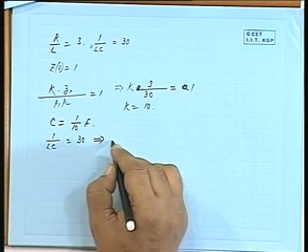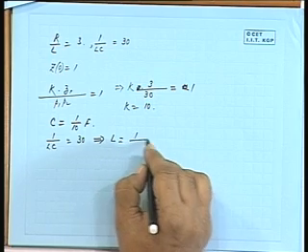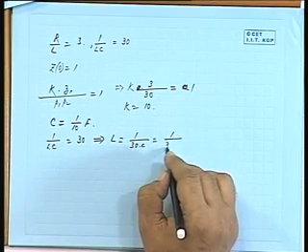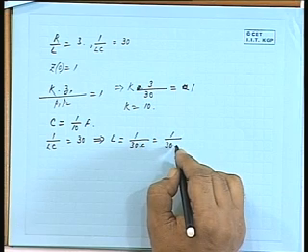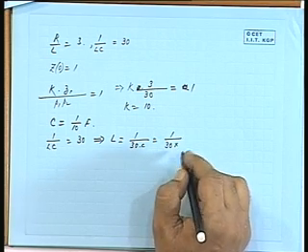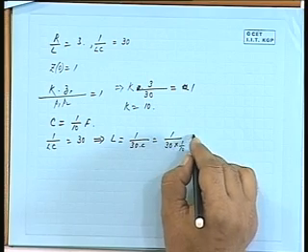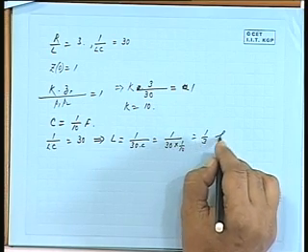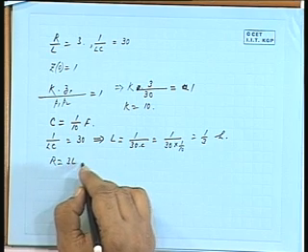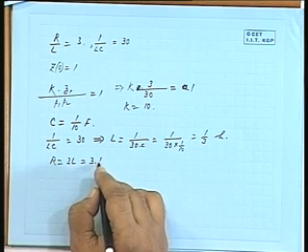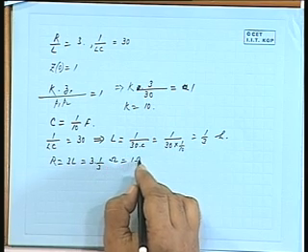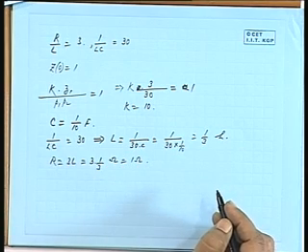So L is equal to 1 by 30 into C, equal to 1 by 30 into 110, is it not? 1 by 3 Henry. So R is equal to 3 into L, that is 3 into 1/3 ohms, 1 ohm. Is that all right?